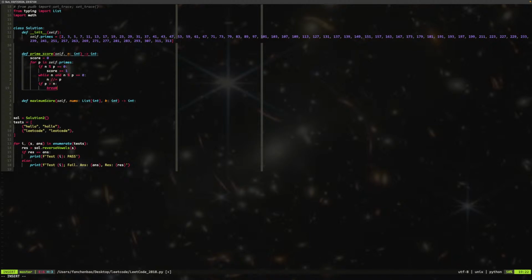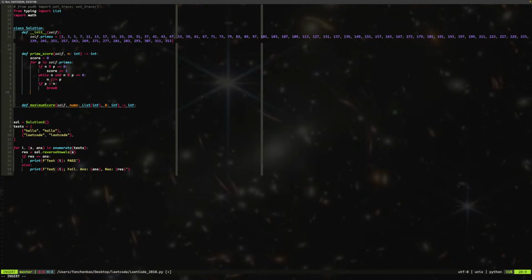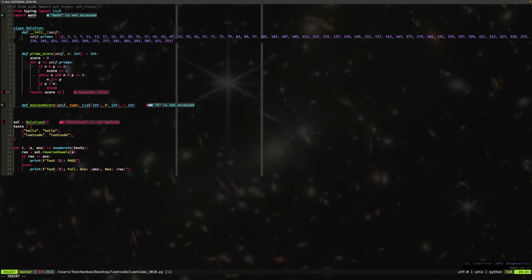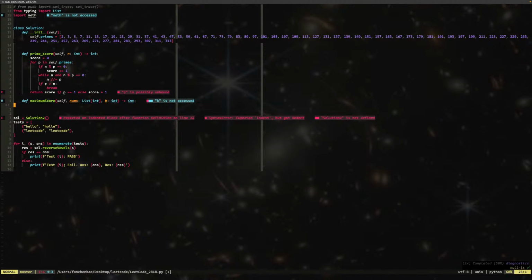If it's not, we just keep checking, and then we go through the whole thing, and when we get out, we say if n is not equal to 1, return score plus 1, else return score. Okay, so that is prime score.